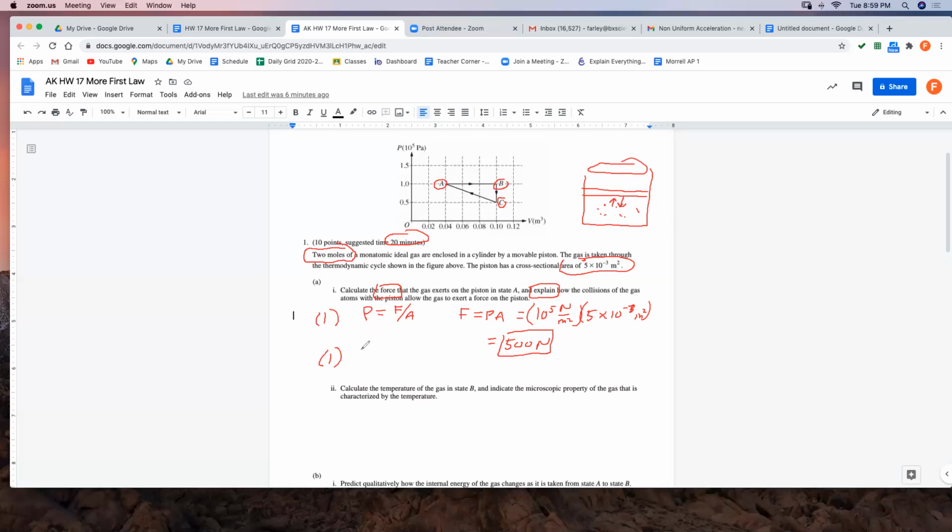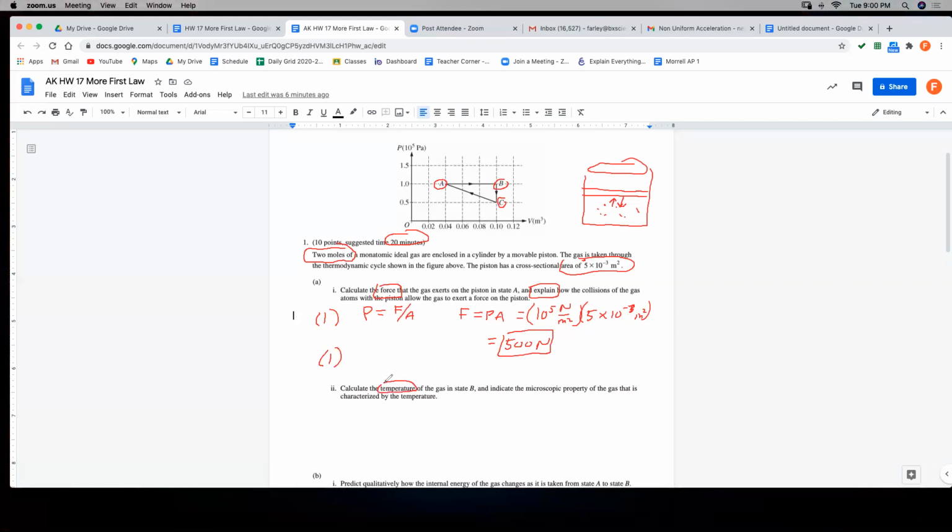Number 2, this is A, part 2: calculate the temperature of the gas in state B, and then indicate the macroscopic property of the gas that is characterized by the temperature. Well, to start out with, we can say that at state B, we know the pressure is 1 times 10 to the 5th, and we know the volume is 0.1 meters cubed.